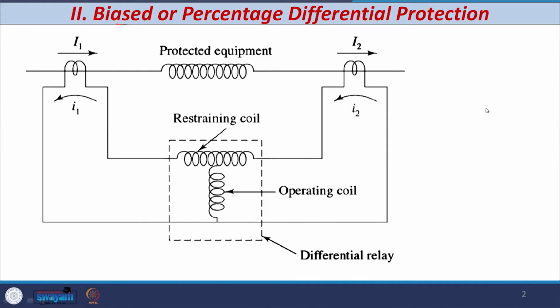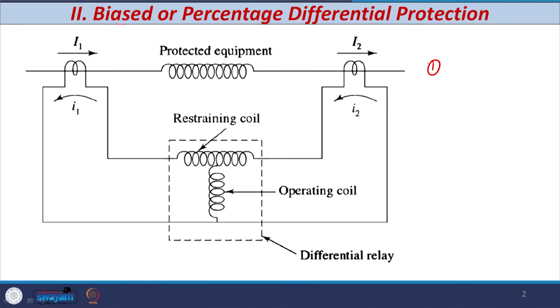Okay, so let us continue our discussion on the transformer protection. We have discussed earlier that we can use the circulating current differential protection, and in that protection two problems are there.